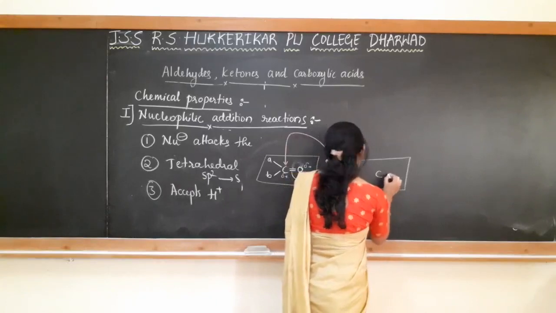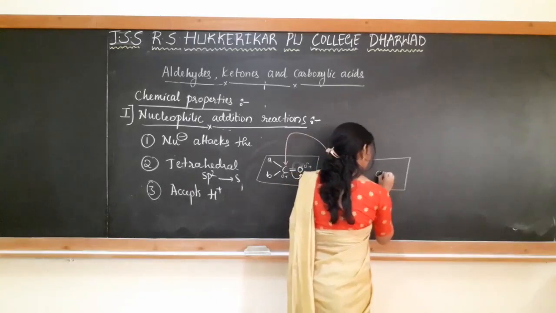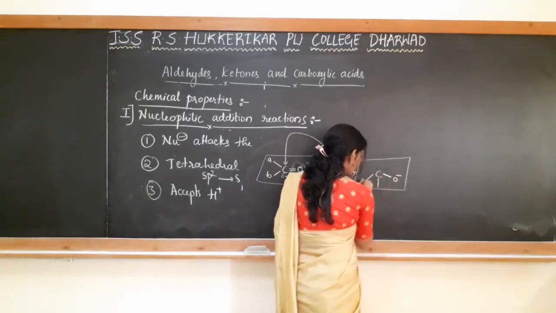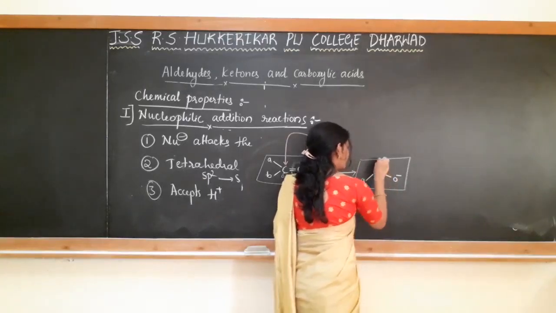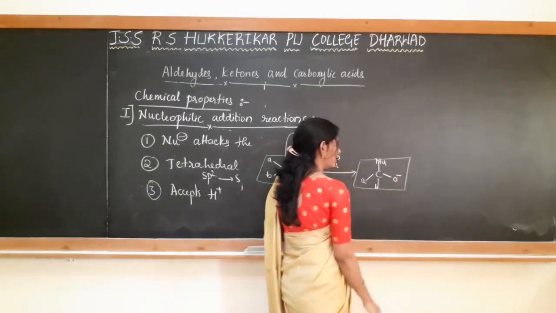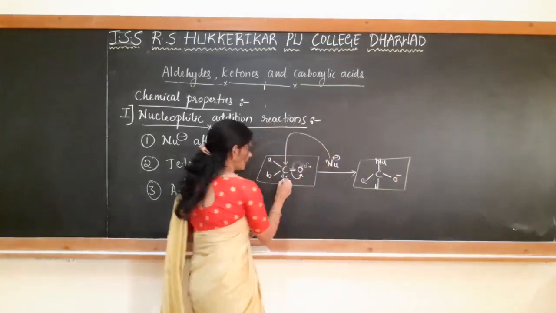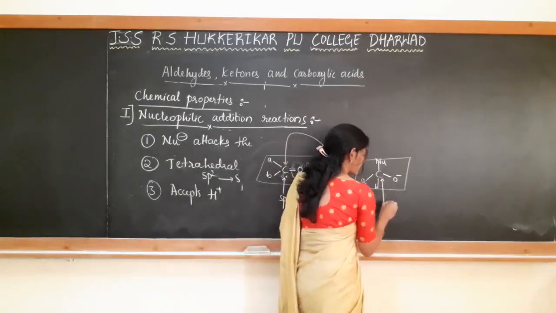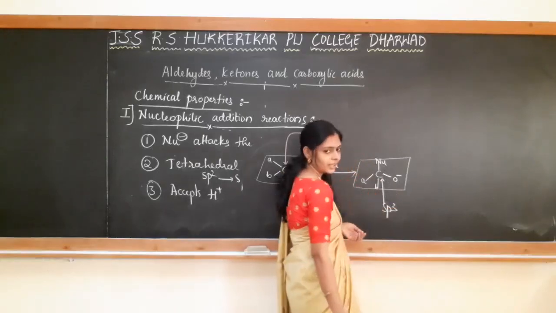So oxygen will have a negative charge, and we will have the A and B groups, and the fourth bond is formed between the nucleophile and the carbon. So this is the sp2 hybridized carbonyl carbon, and this is our sp3 hybridized carbon.